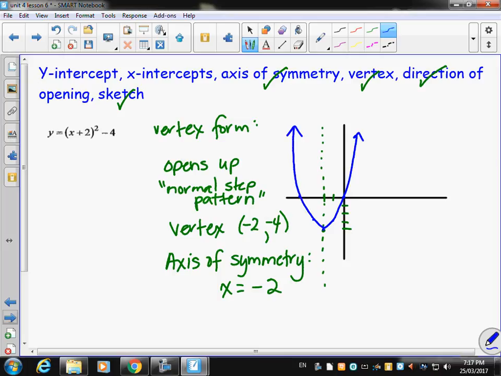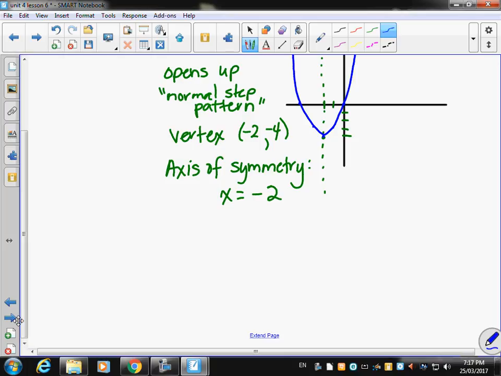So what else am I missing? My y-intercept and my x-intercepts. Well, I know standard form gives me my y-intercept easily, but I do know for my y-intercept that it's going to be a point that looks like that. So if I would substitute x equals 0 into the equation, I could find my y-intercept.